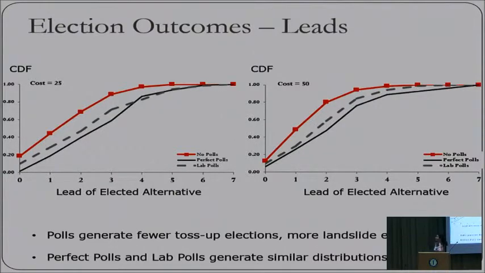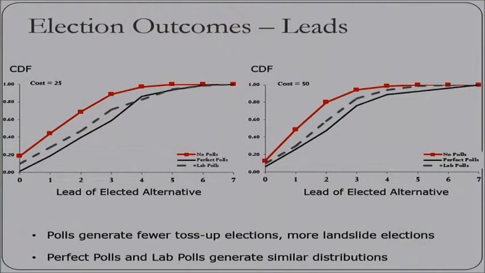Polls actually generate fewer toss-up elections and more landslide elections, so more elections that are further away in terms of the lead. And perfect polls and lab polls generate very similar distributions. In fact, the sessions are nicely ordered in terms of first-order stochastic dominance here.